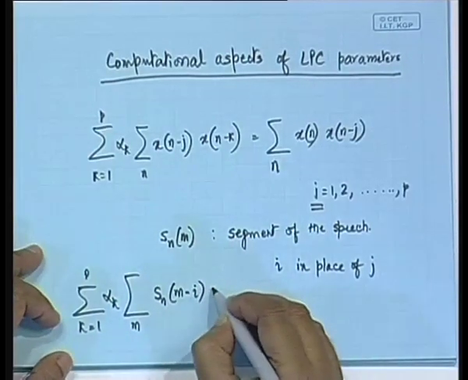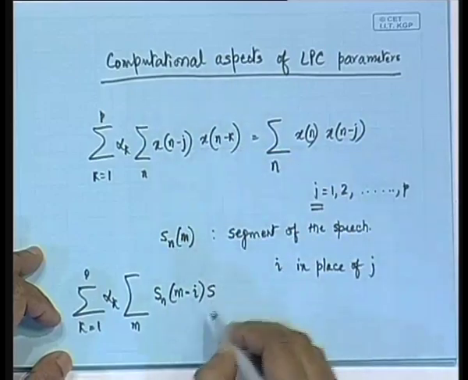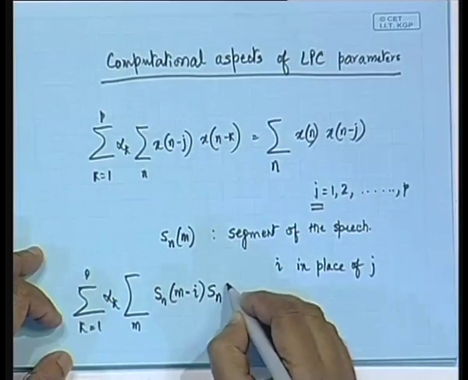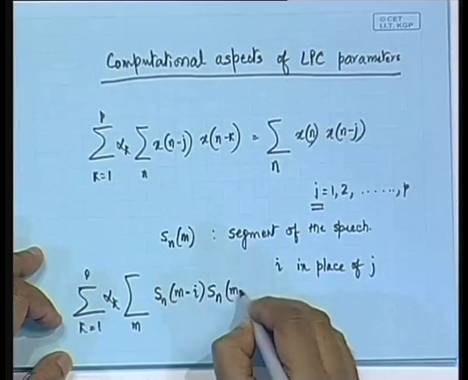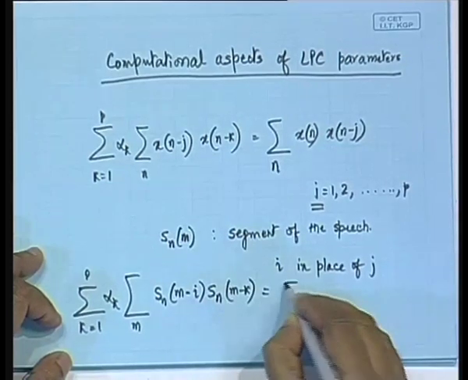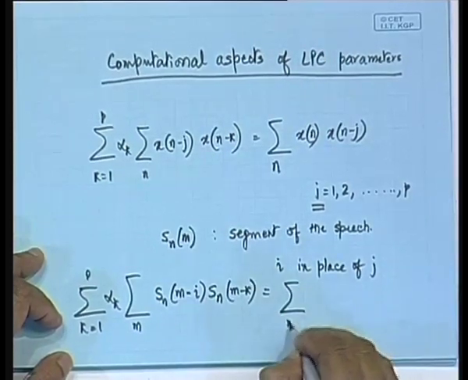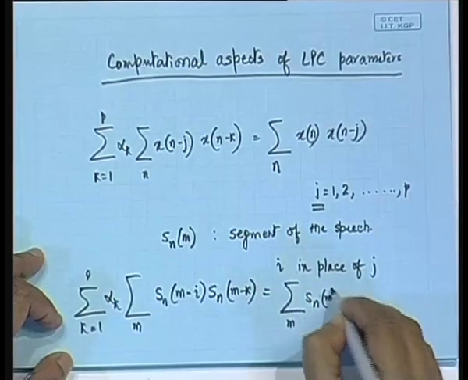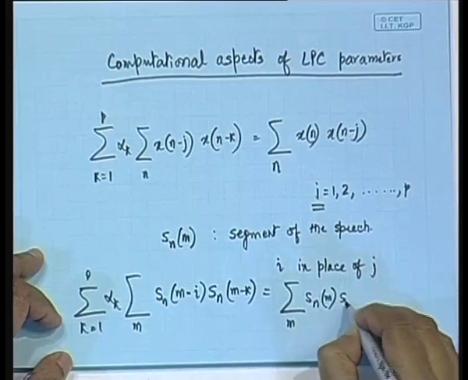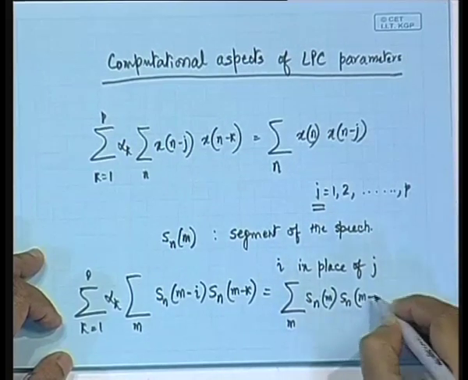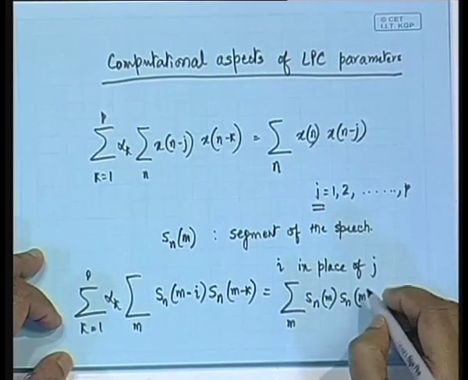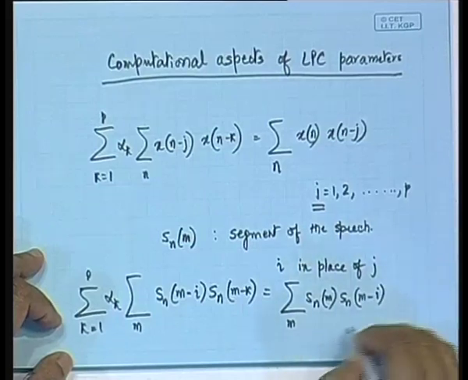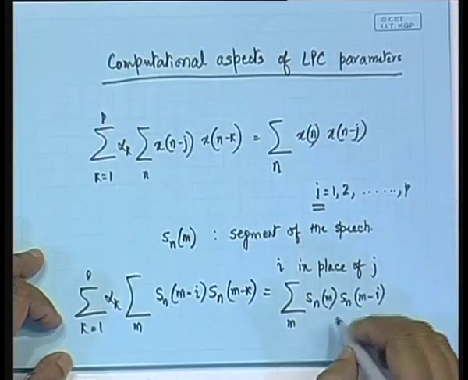The next product will be S n of m minus k, and this will be equal to the summation over m of S n m multiplied by S n m minus i, and we still have p equations.